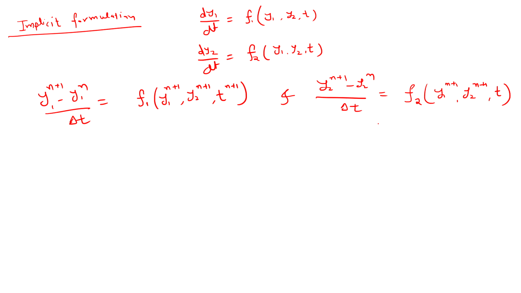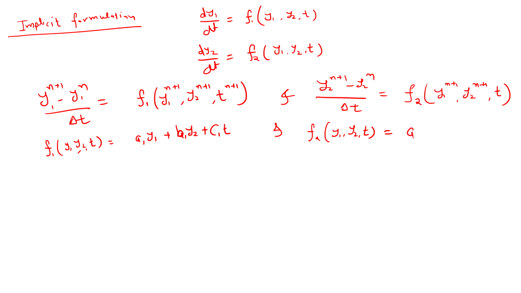Now remember, since these are linear ODEs, it is for sure that my functions f1 and f2 will be linear. That means what I want to say is that f1 of y1, y2, t will definitely be equal to a1 y1 plus b1 y2 plus c1 t, and my function f2 will be nothing but a linear combination of y1, y2 and time.